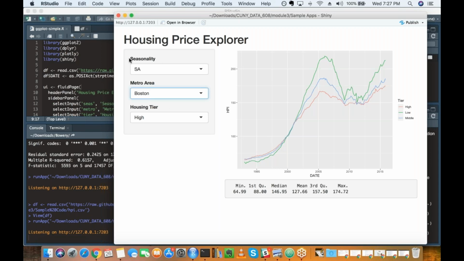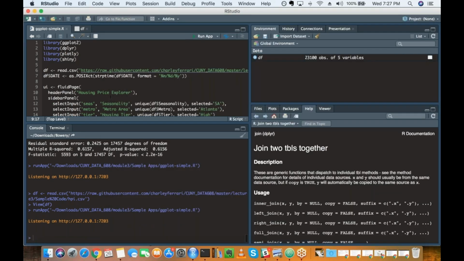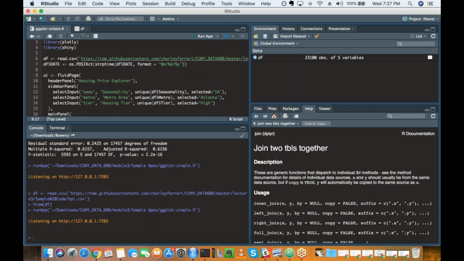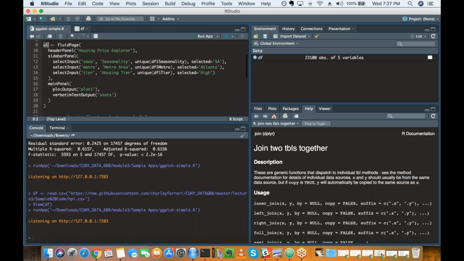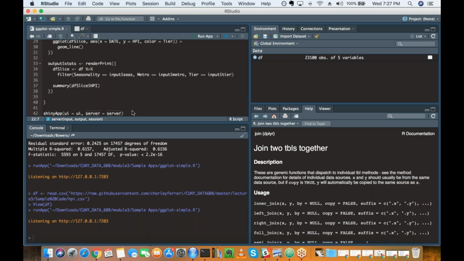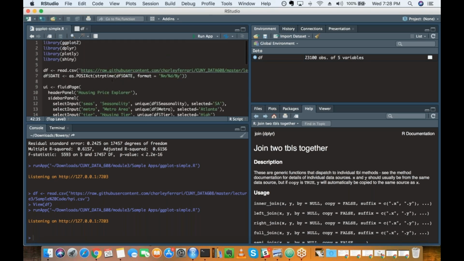So that's the app, and then to look at how it's running, each Shiny app has two main parts. There's the UI, and there's what's called the server. They're put together in this last function down here. So you're running the Shiny app function, defining the UI and the server.